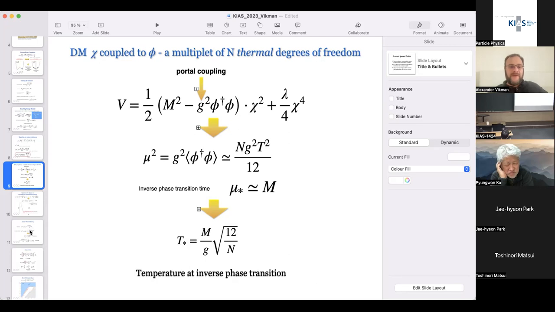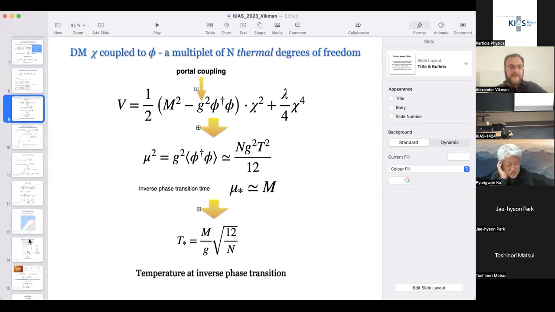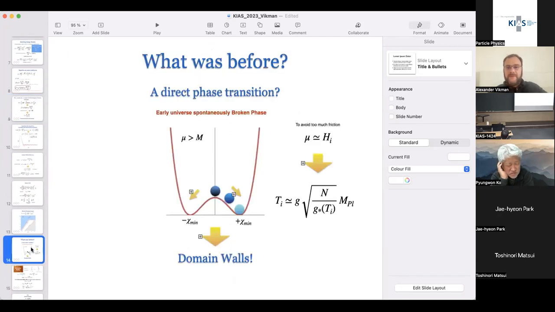You can maybe better see this in the direct phase transition. When the domain wall network is formed, this M is 10 power 19 GeV, right? Okay, 18 GeV, because here we normalize it, I think, to 8 pi.